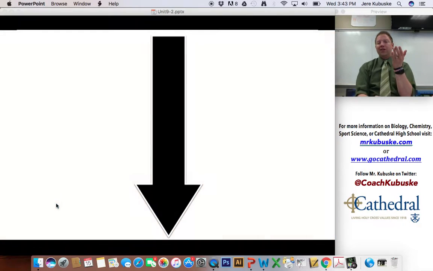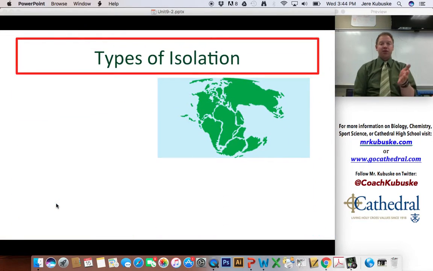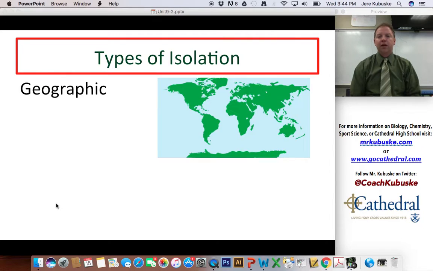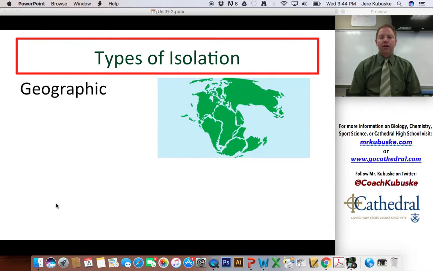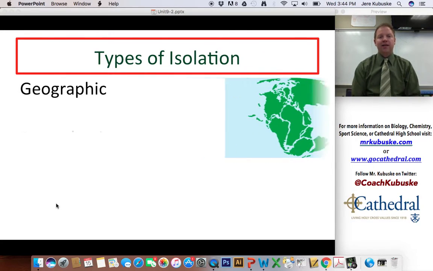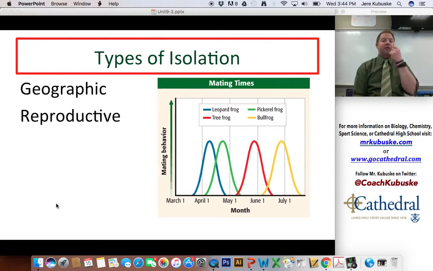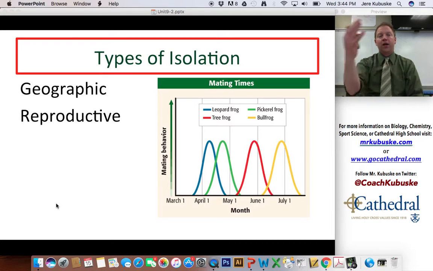Now this is known as geographic isolation because there's a physical land barrier in between the two species. But that's not the only type of isolation, although it's one that's pretty easy to understand. There's also reproductive isolation. In other words, the time of year or the time of the month that you happen to be reproducing regularly.